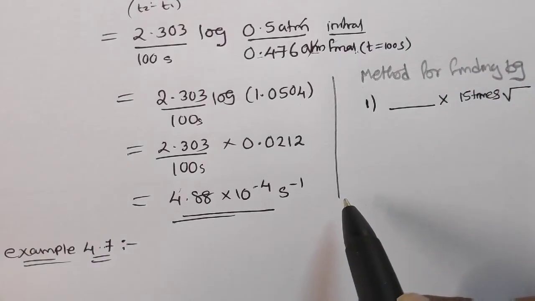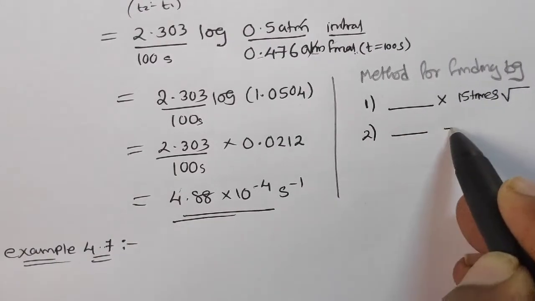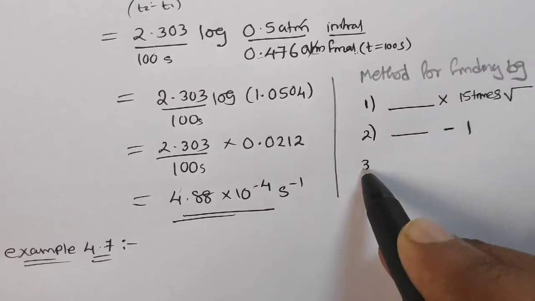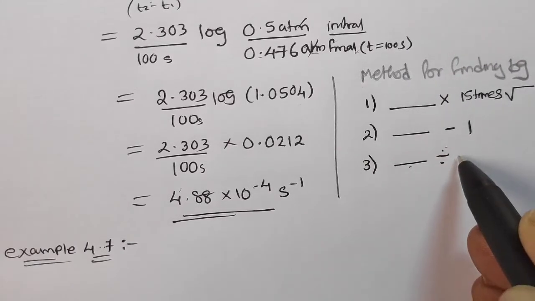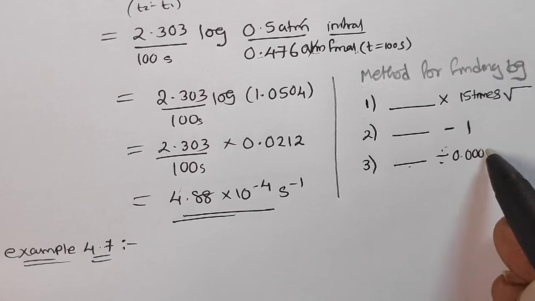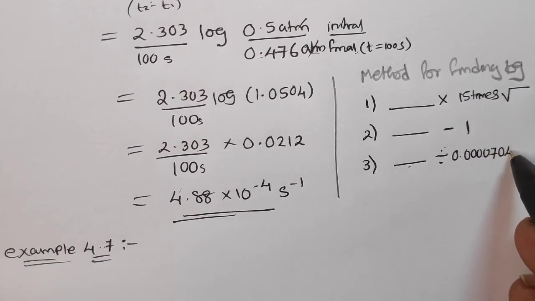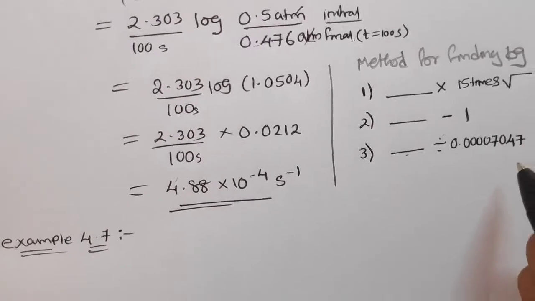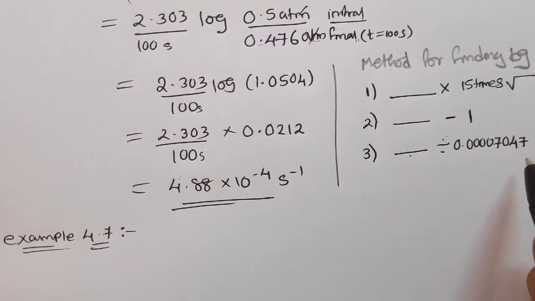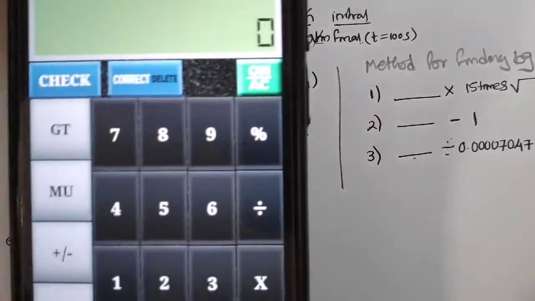Then, whatever answer you get, subtract 1 from it, and divide that answer by 0.000407047. You will get the answer. Now I'll explain how it is being done.